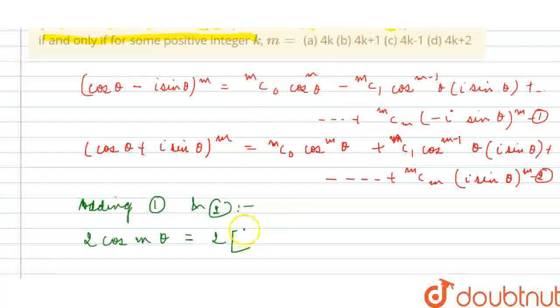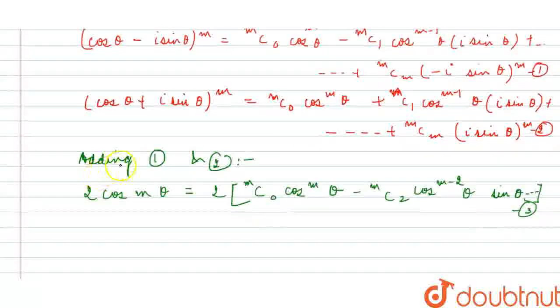So I'm taking 2 common, and that would be mC0 cos^m theta minus mC2 cos^(m-2) theta iota square sine square theta, but iota square is equal to minus 1, so I'm taking that common and that's why it is minus here. So it would be sine theta, and this series goes up like that. Let it be equation number 3. Now this is after addition.